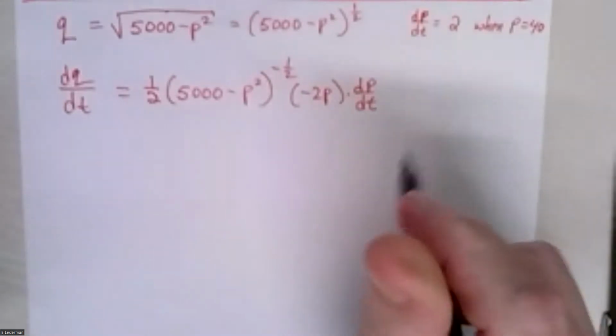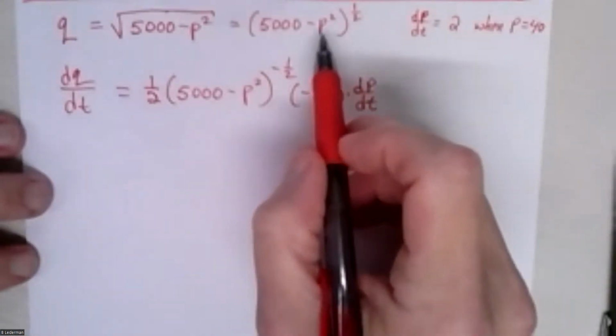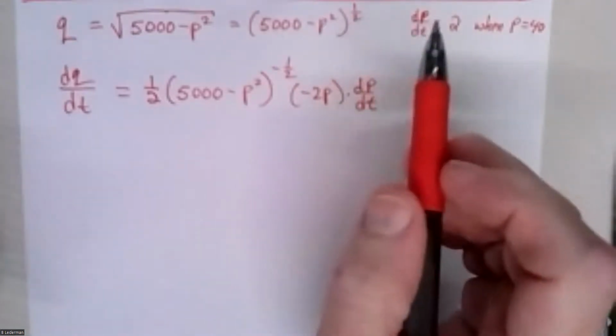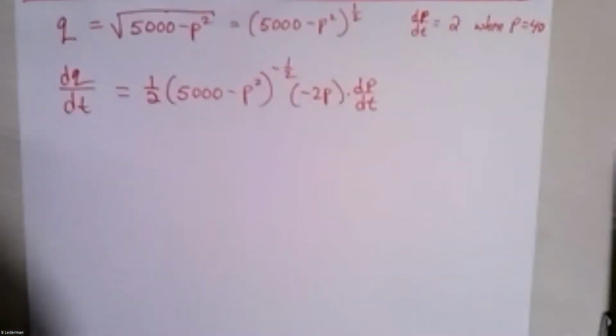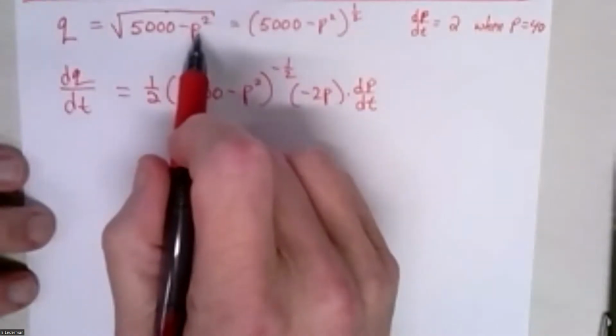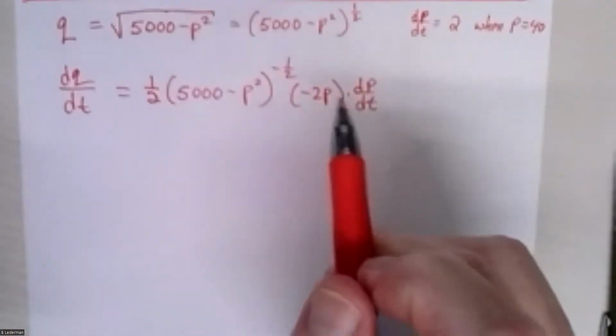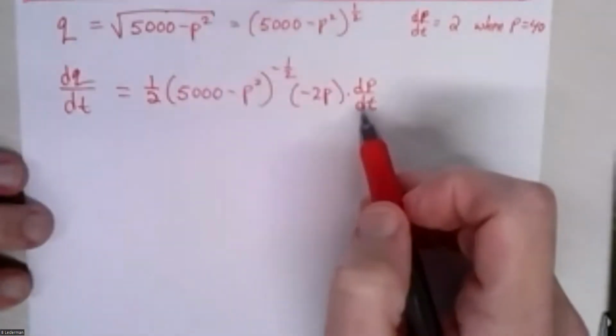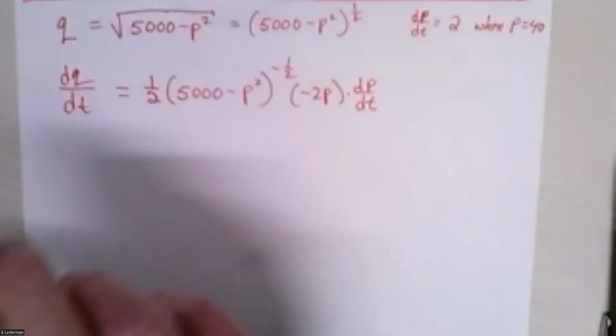So this is kind of a triple chain rule. The outer function is the radical, the inner function is the P squared, and then the inner function is the fact that P is a function of time, P of t. So the derivative of that is just dP/dt.